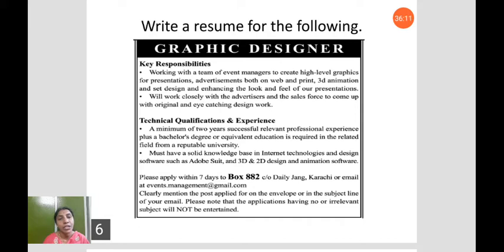The minimum qualification here is bachelor's degree. And see, another qualification here is Adobe Suite, 3D and 2D design. See, technical skills again, you should have the knowledge of Adobe Suite, 3D and 2D design and animation software also, right? So unless you have this knowledge, you will not get a job. So you should see whether you are qualified in this or you are competent enough to use all these softwares.